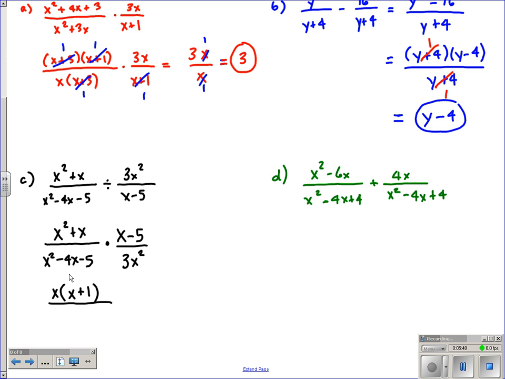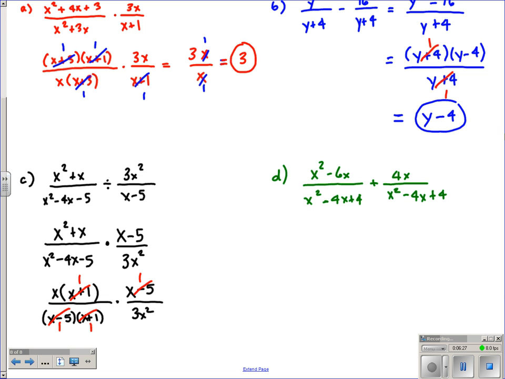In our denominator, we have a trinomial, and it should factor into x minus 5 times the quantity x plus 1. On this side, we have an x minus 5 still over 3x squared. Looking for common factors in the numerator and denominator, we've got x minus 5 and x minus 5, so those each become 1. x plus 1 and x plus 1 each become 1.